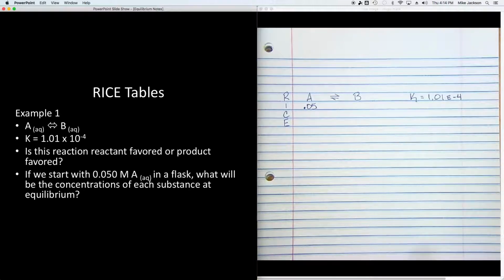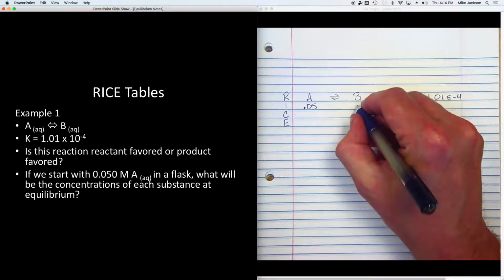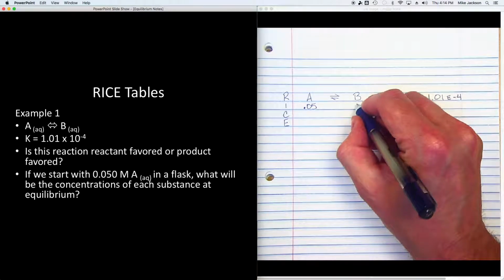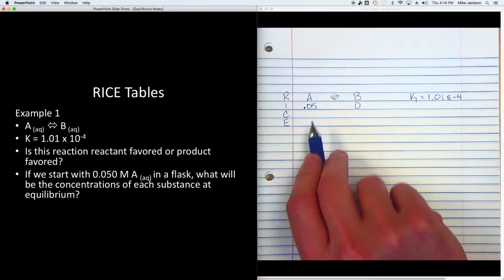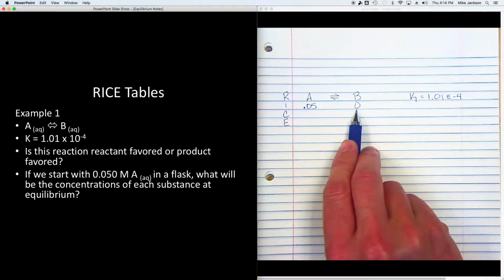I'll just keep in mind that this is molarity. And if it doesn't say that anything else is in the flask, assume that nothing else is in the flask. So therefore, our amount of product, since the reaction has not begun yet, will be 0. So our amount of B will start at 0 unless otherwise specified, which they did not specify. So those are my initial conditions, 0.05 molar A and 0 molar B.